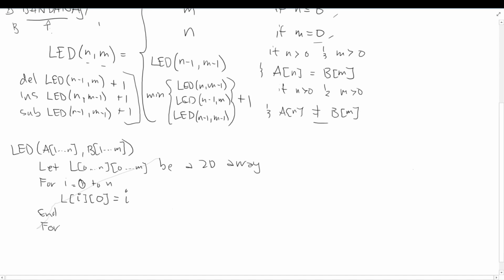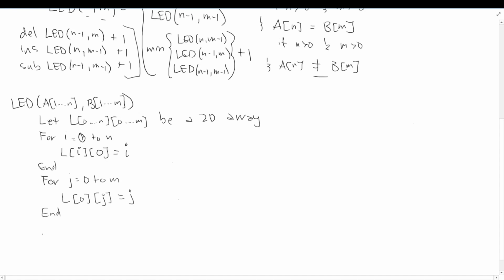Okay, got another loop. Our j, going from 0 to m. j standing in for m now. So we've got L 0 of j is equal to j. We're done. Okay, so now we need 2 nested loops, and we'll just start where we left off.